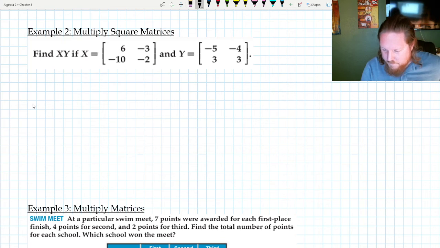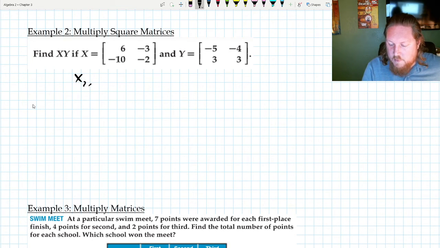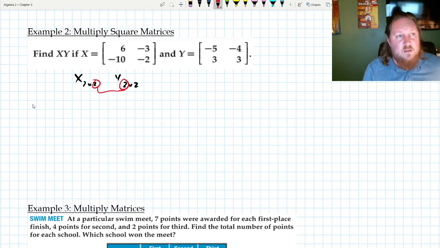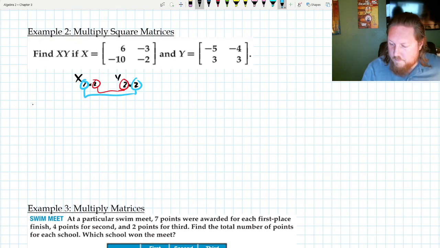It kind of annoys me now. All right. So first we check their dimensions. X is a 2 by 2, and Y is a 2 by 2. So their columns and rows match, and you can see why we're checking that now if we have to multiply all the elements by it. And the resulting matrix will also be a 2 by 2.